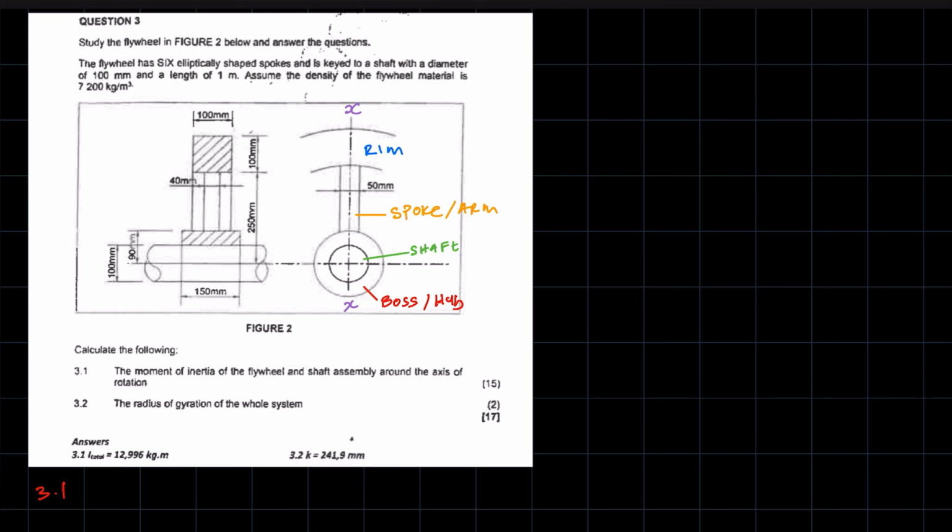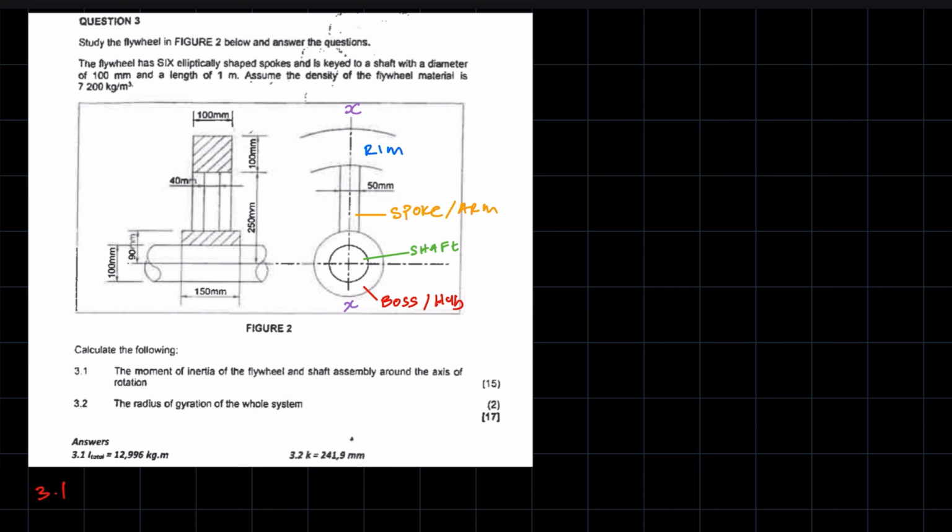For instance, if you look at 3.1 here, they said calculate the moment of inertia of the flywheel and shaft assembly around the axis of rotation, being this one. Then the second question is to calculate the radius of gyration of the whole system.